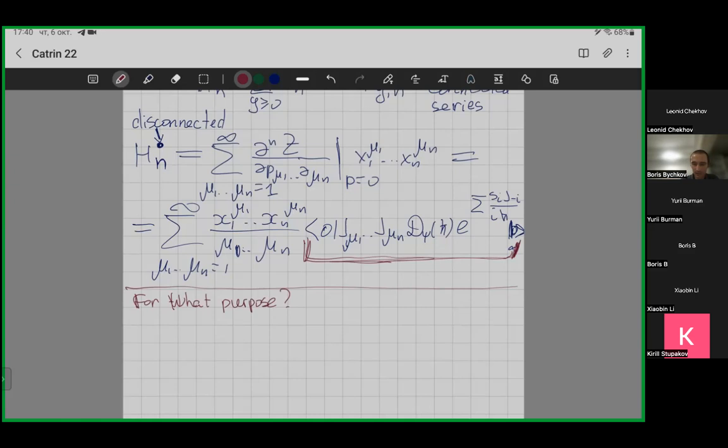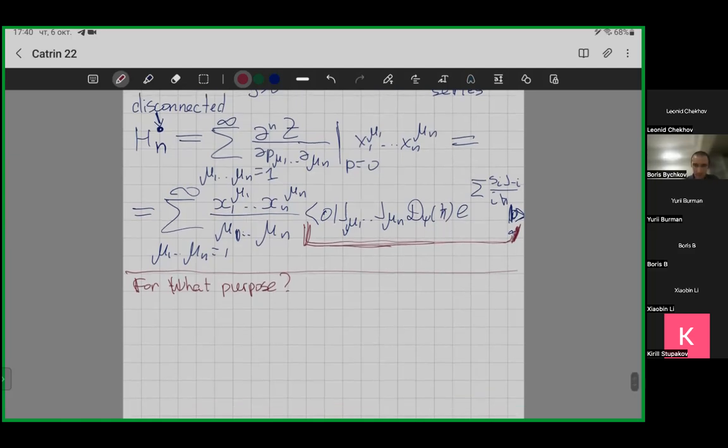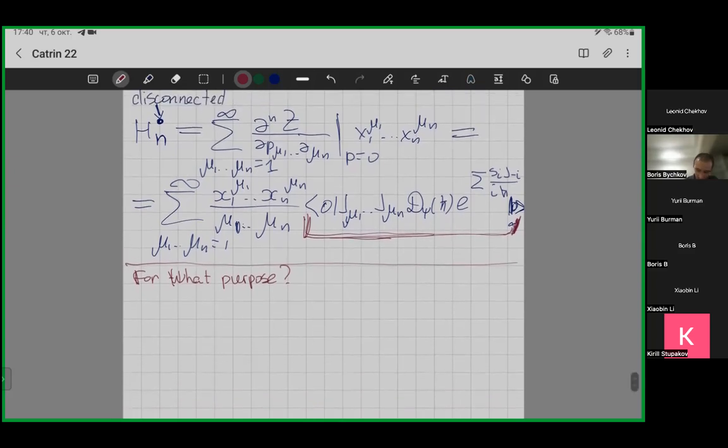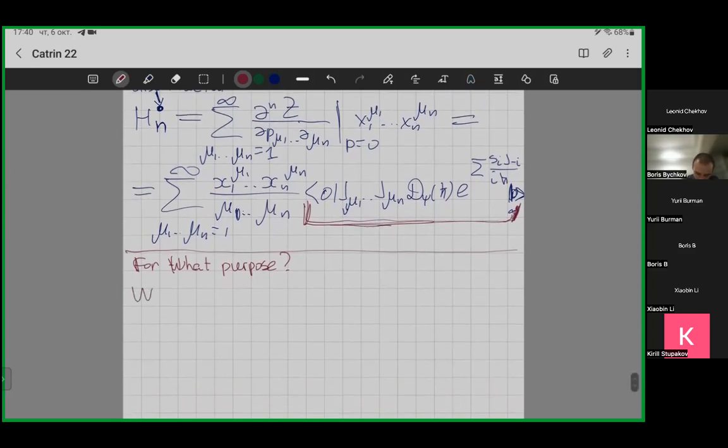So maybe, for you to imagine how it looks, I can write down at least a part of these closed formulas. So, for what purpose we have a nice representation of F in GL infinity, which is the space of matrices.